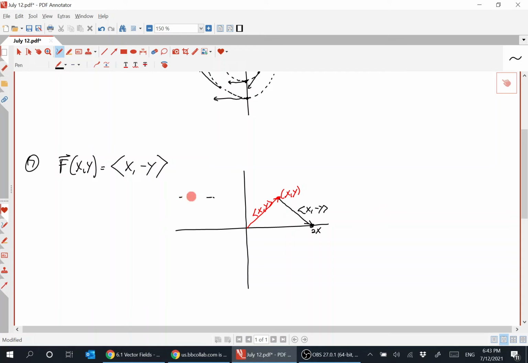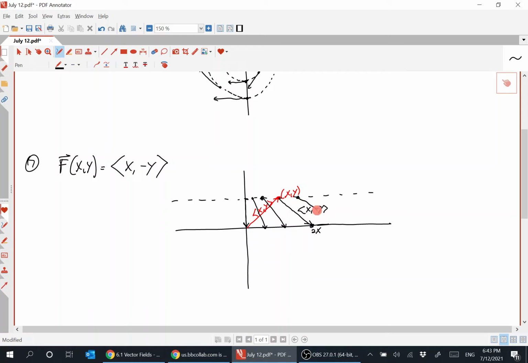So if we have, say, this horizontal line, if we take that as a reference, all of the vectors that appear on that line point to the 2x on the x-axis for this point.